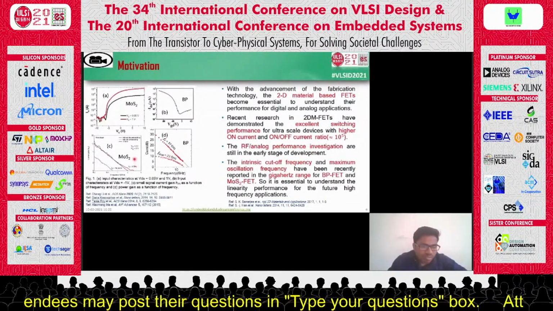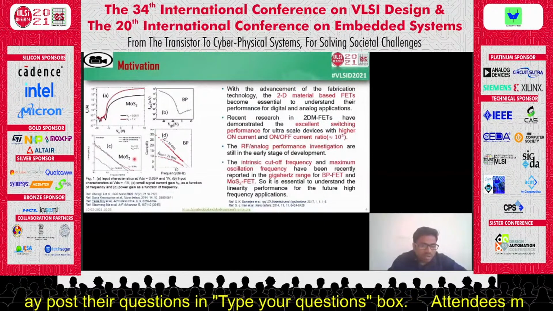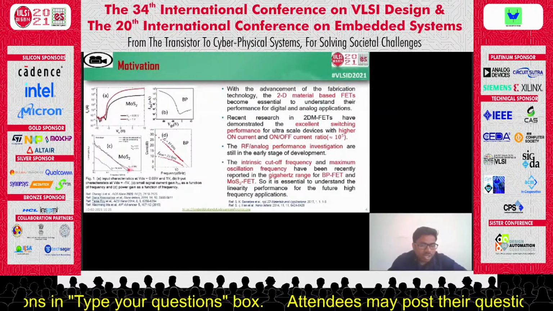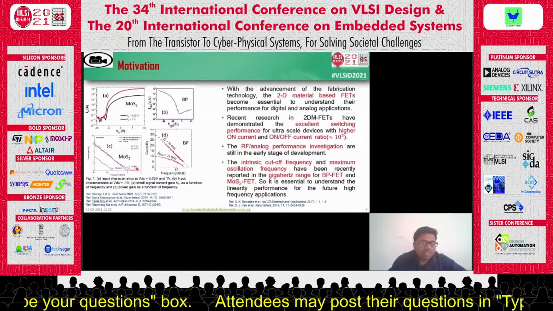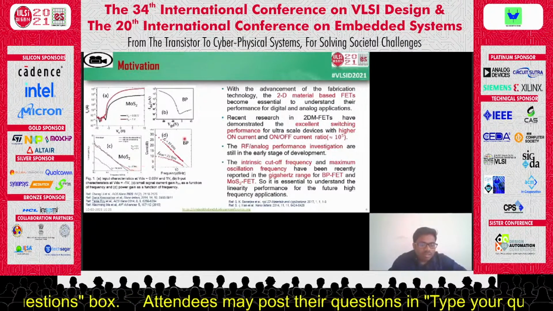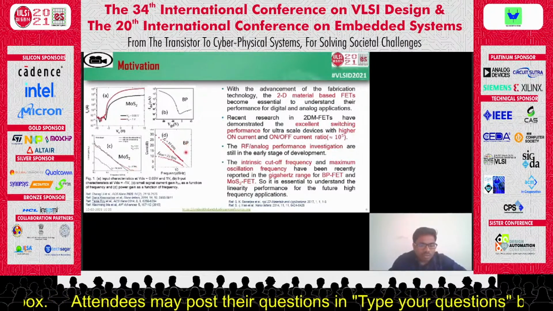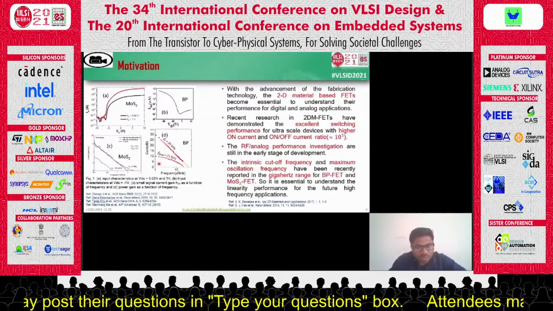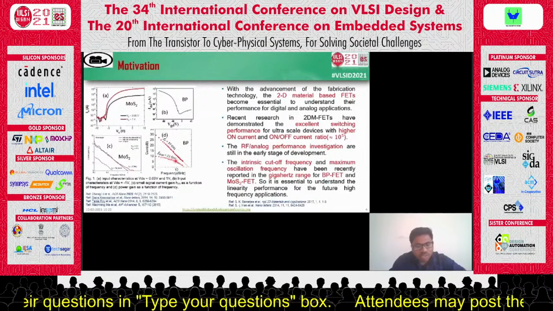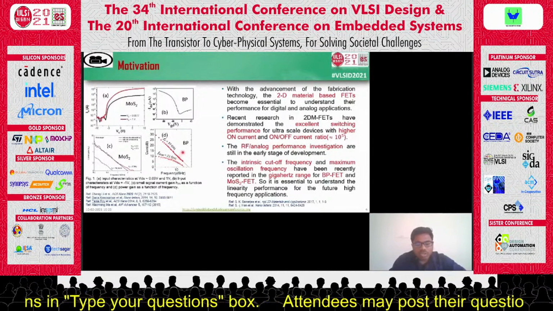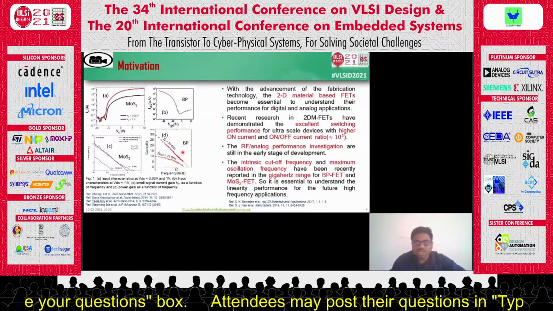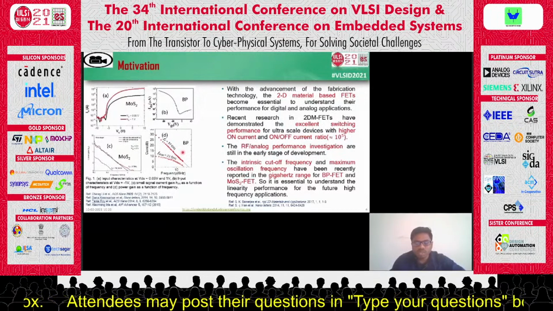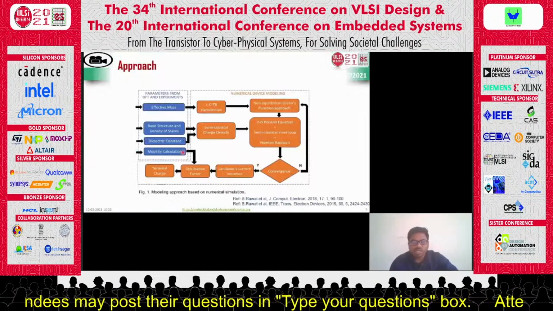As you can see in figure 1c, the MoS2 small-signal current gain as a function of frequency shows the cutoff frequency is almost in the gigahertz range. And figure 1d shows the power gain of BP as a function of frequency. Here the cutoff frequency and maximum oscillation frequency are in the gigahertz range. So it is essential to understand the linearity performance for the future high-frequency application of these materials.